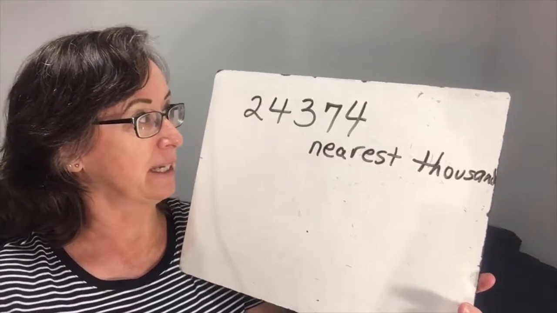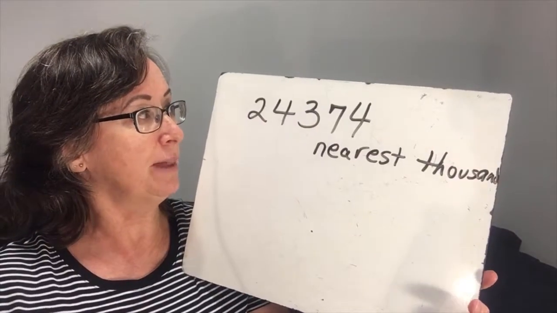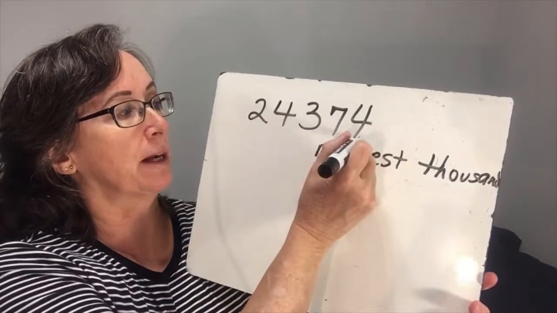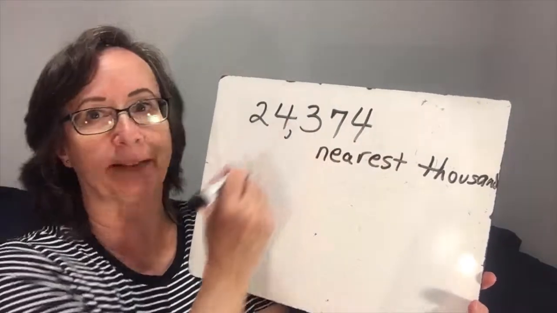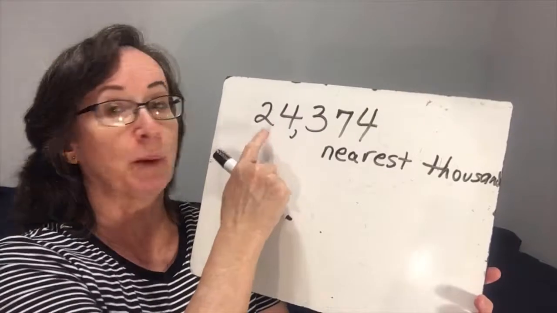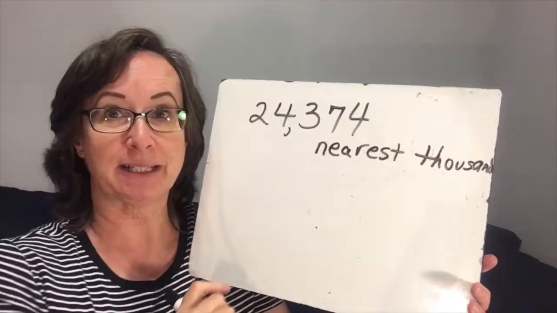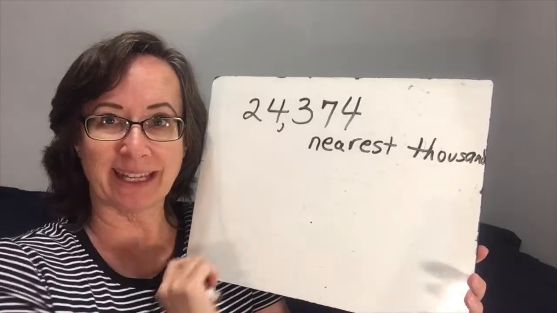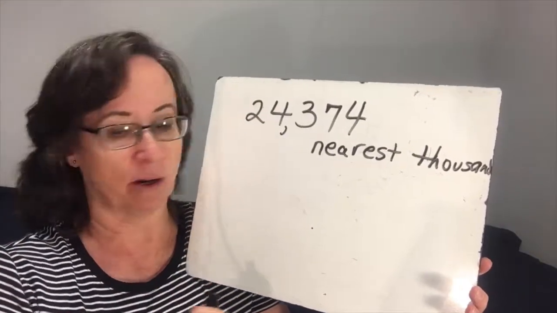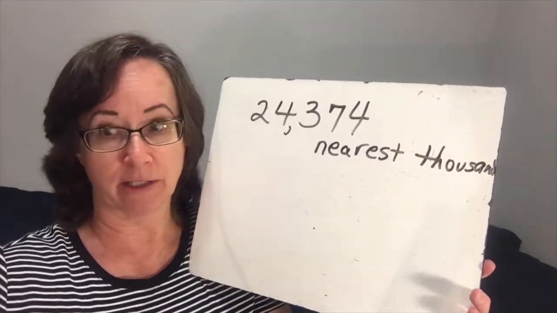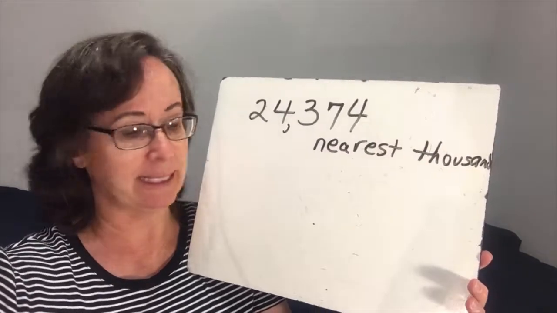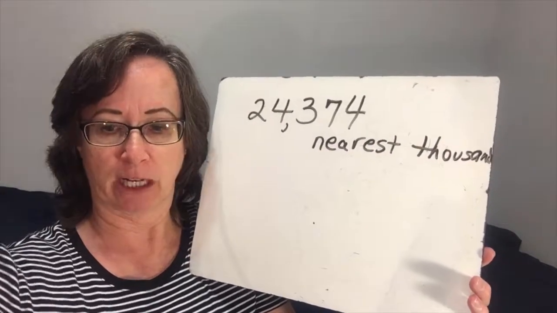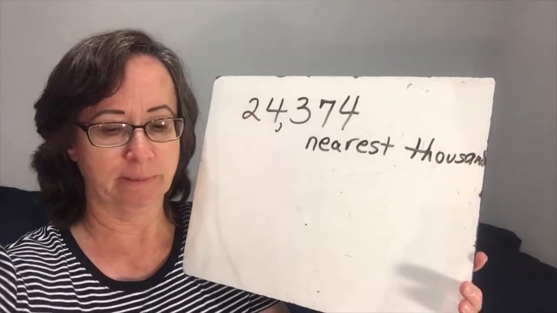Our instruction is to take the number 24,374. Oops, forgot my comma. That helps me read it better. Okay, we're going to round it to the nearest thousand. So, according to our instructions, I'm going to make it a different color because I like a colorful board.